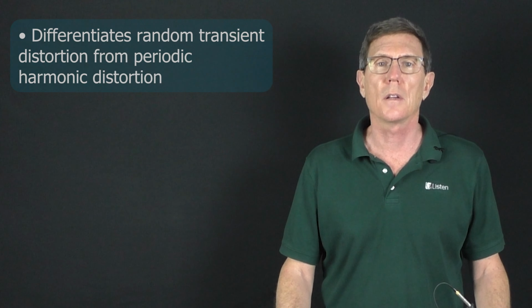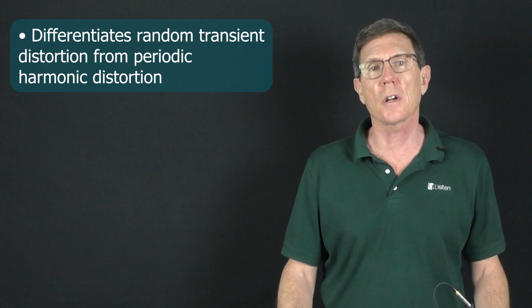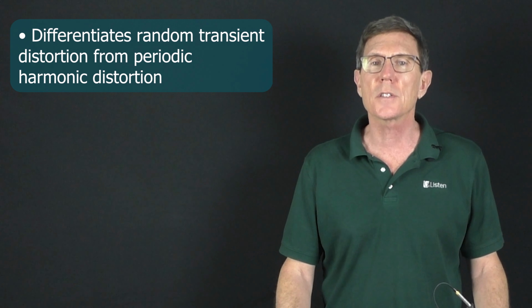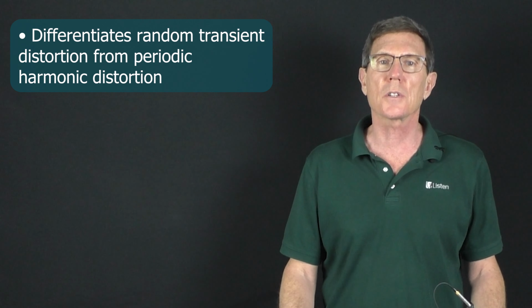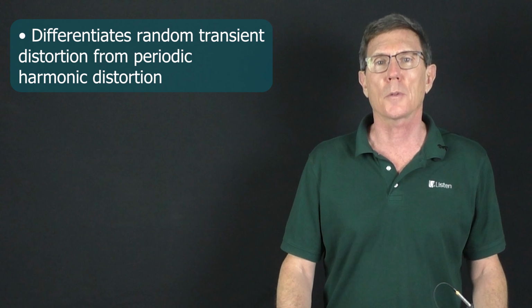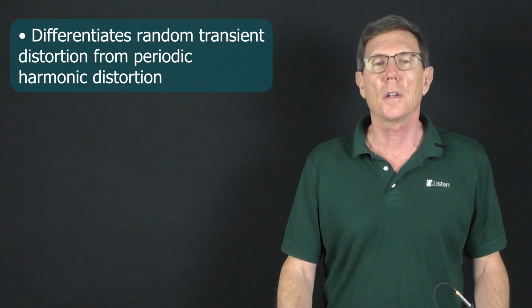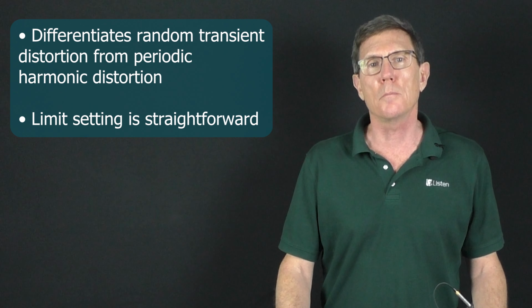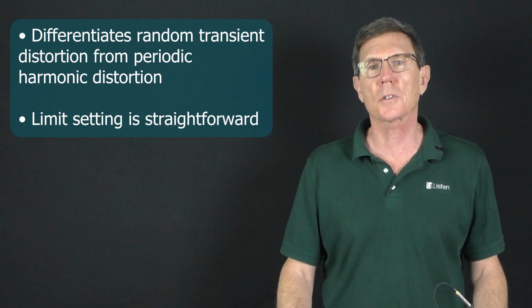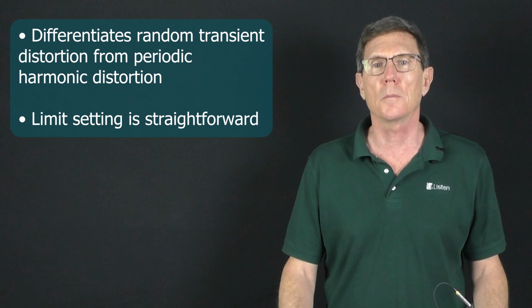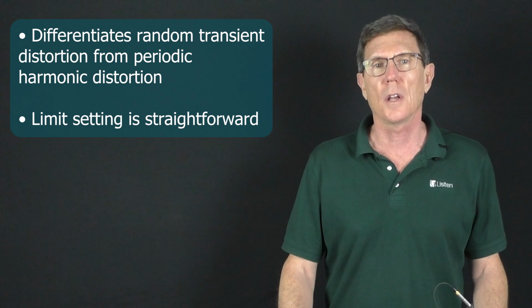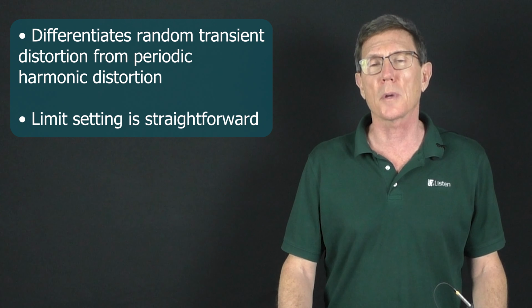Number one, it differentiates random transient distortion from periodic harmonic distortion, and this helps you troubleshoot production line issues quickly with minimal downtime. Number two, limit setting is straightforward. The measured metric is a loose particle count in a given time frame, so it's a simple numerical limit rather than a curve, and of course, it's not frequency dependent.